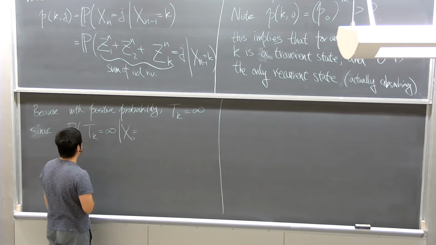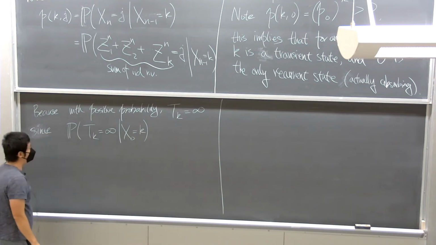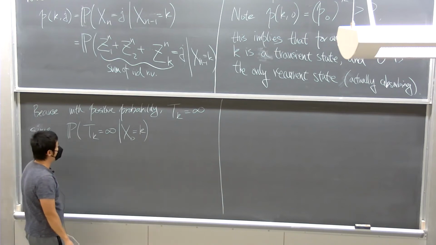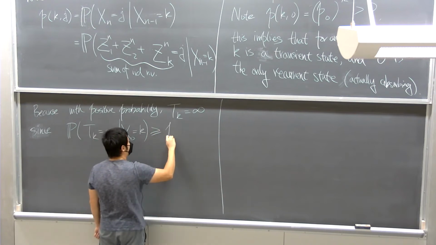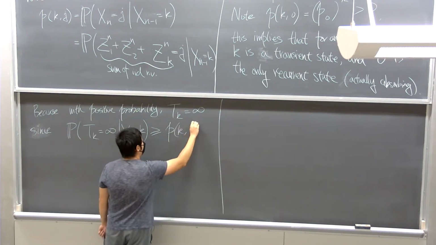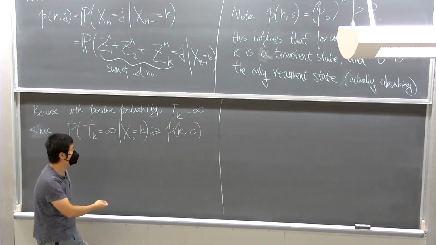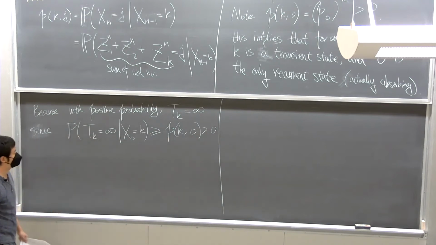I'll just write the probability p that T_k is going to be infinite, given that we start at k. This is always going to be greater than or equal to p_{k,0}, which is positive from our previous calculation.